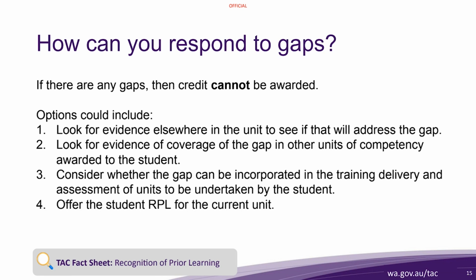But all of these options need to be documented. It really is important that you don't just say, okay, that's fine. Whatever you do, you need to make sure that you keep comprehensive records of your mapping and of the judgment that you've made that has enabled you to either address the gap through looking elsewhere in the unit, or looking at other units of competency, or undertaking targeted training to close the gaps, or where you've offered students RPL.